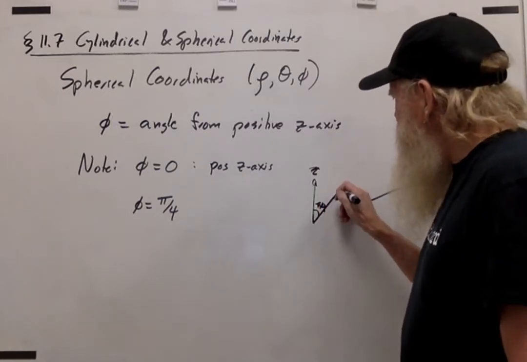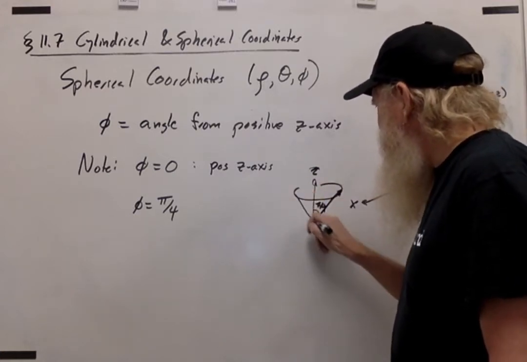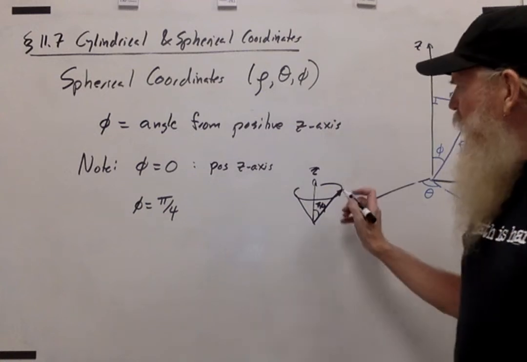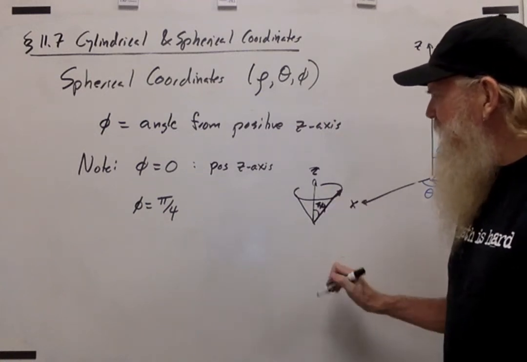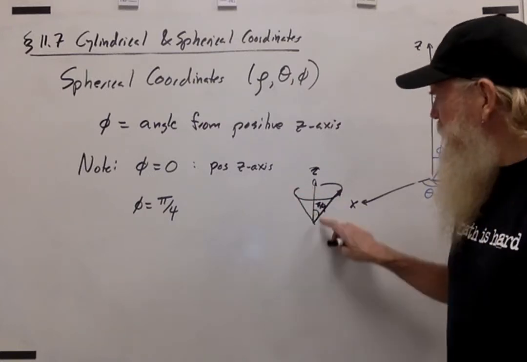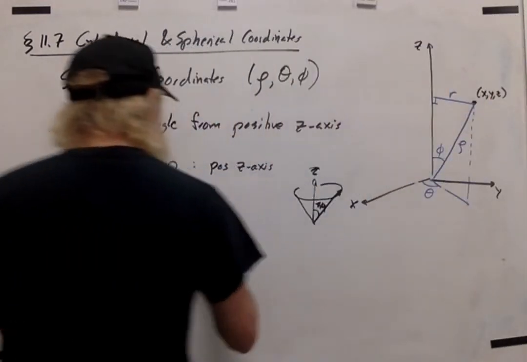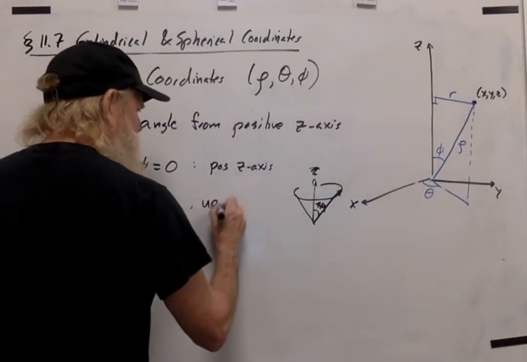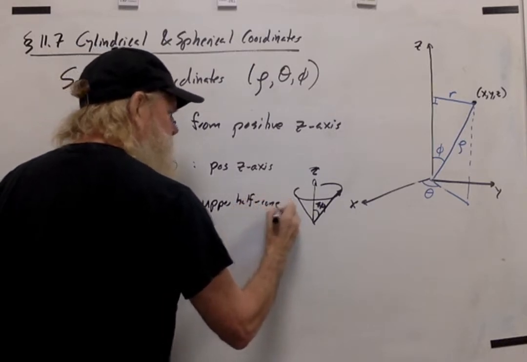But these points can be anywhere in a circle around the z-axis. So if I look at all the points that make an angle of pi over 4 away from the z-axis, notice that I get the upper half of a cone making an angle of pi over 4 from the z-axis. So this gives us an upper half cone.